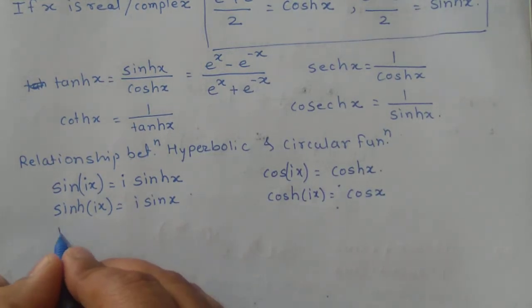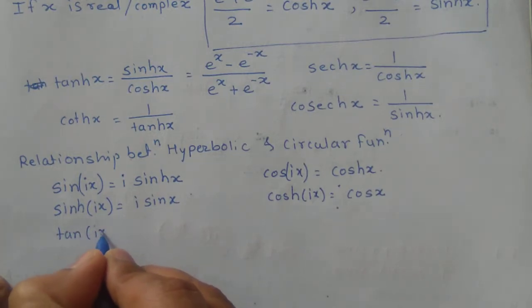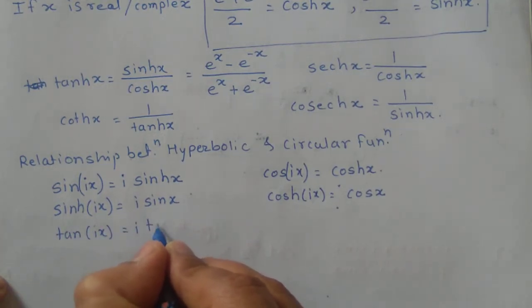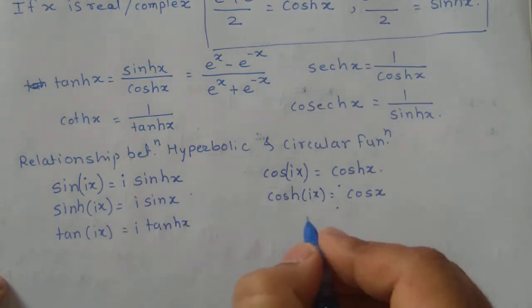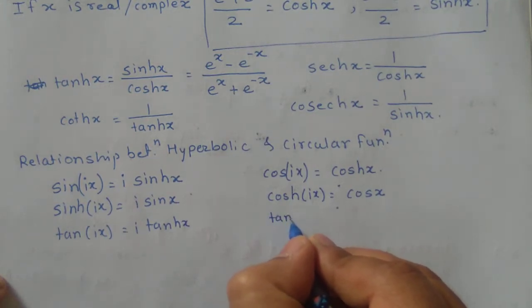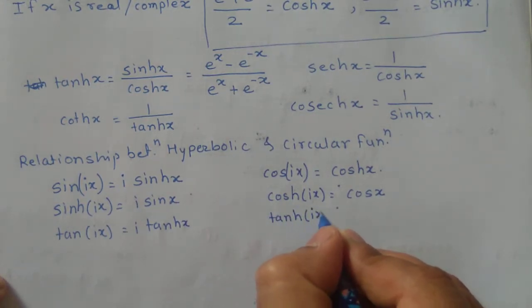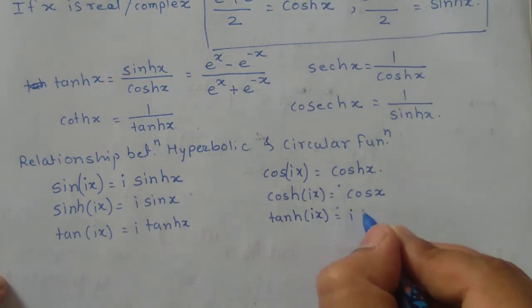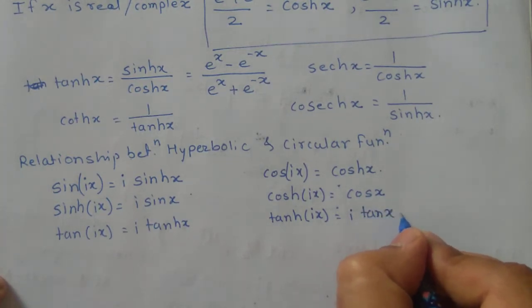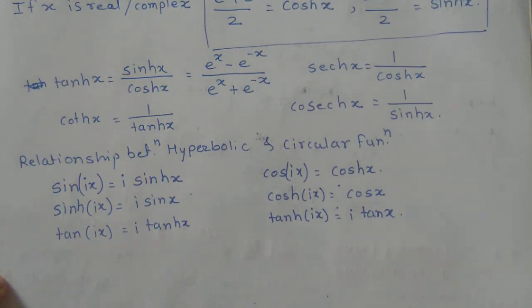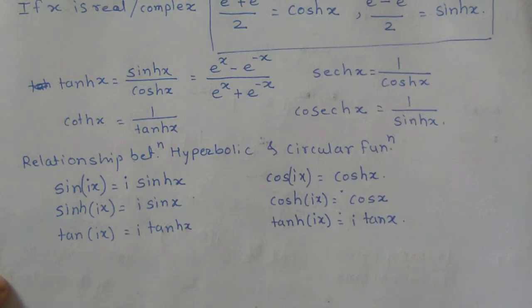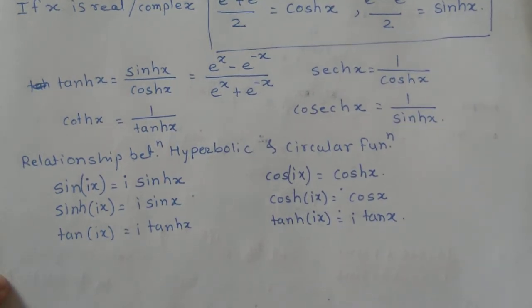In the same line, one can write tan ix is equal to i times hyperbolic tan x, or hyperbolic tan of ix is equal to i times tan x. In similar line, one can write for cot x, then sec x, and so on. Is it?